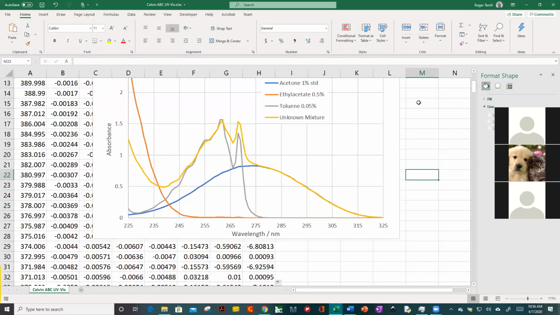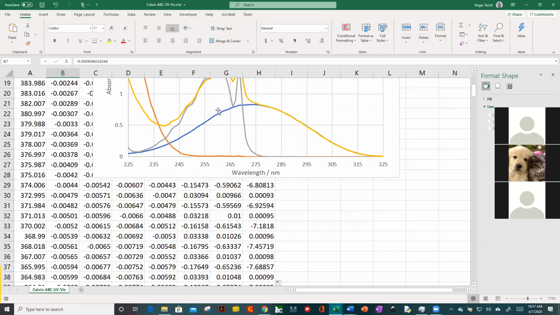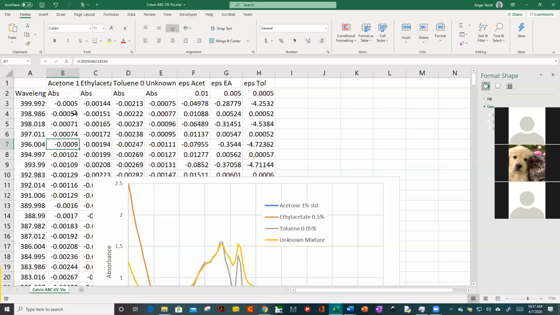Okay, so Tyler's asking about the negative epsilons, and the negative value in epsilon is from a very small negative absorbance here. And that's non-physical, but it's because it's in the tail of this around 400, and the absorbance is oscillating between plus and minus 0, basically.